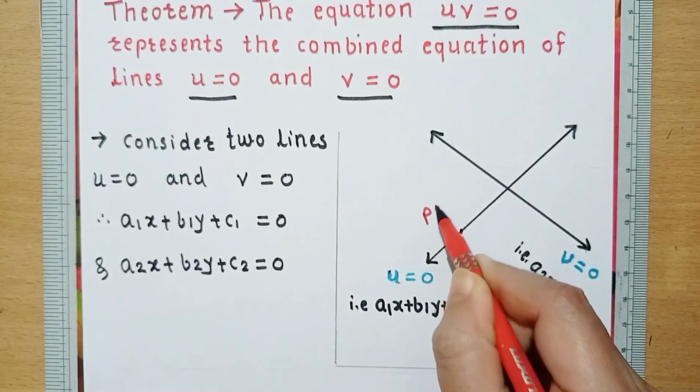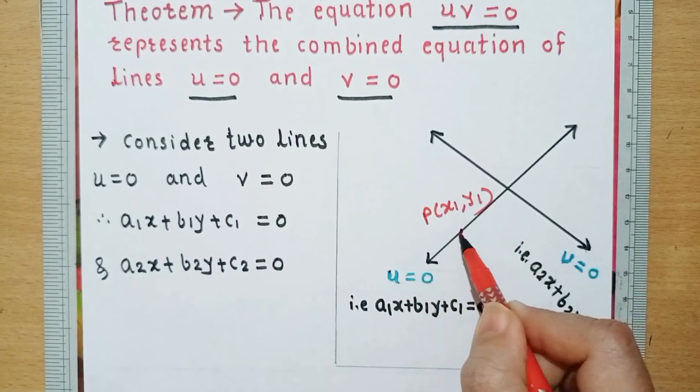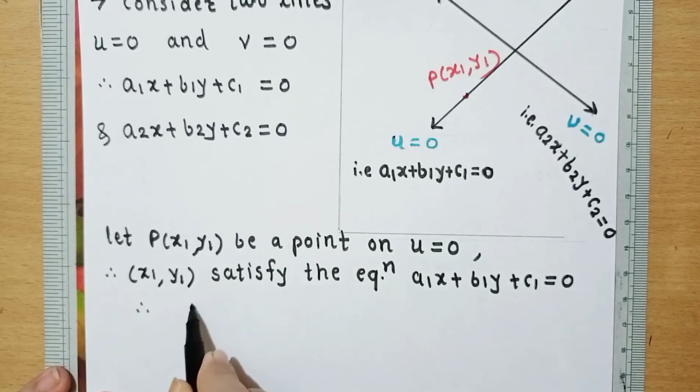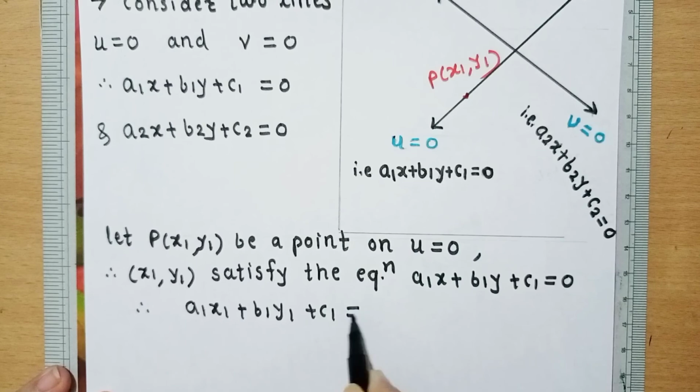Let P(x1, y1) be a point on this line. So this point must satisfy this equation. That means we substitute x1 instead of x and y1 instead of y. So a1x1 plus b1y1 plus c1 equal to 0.